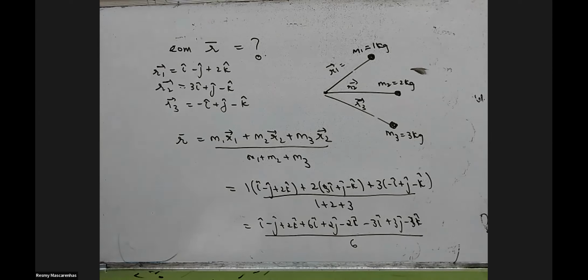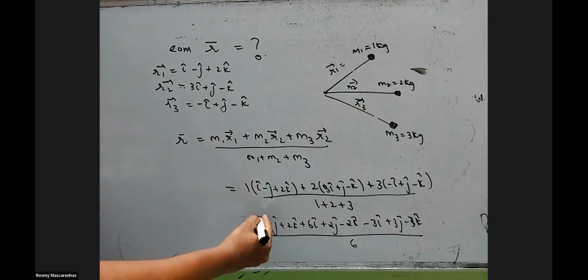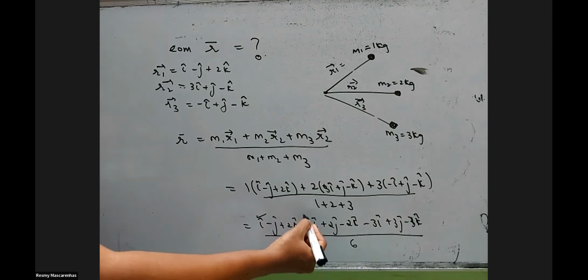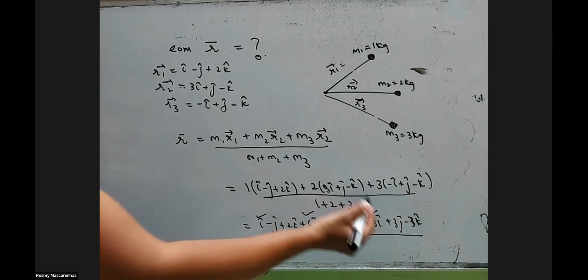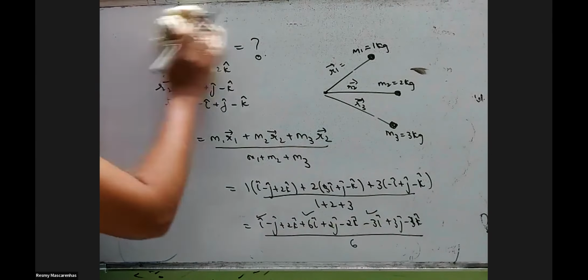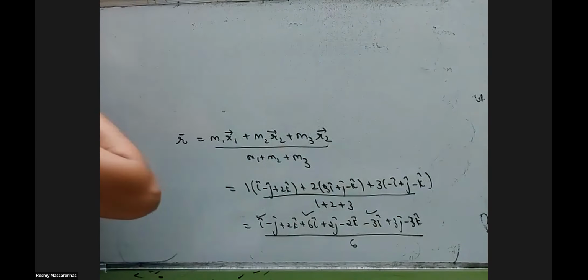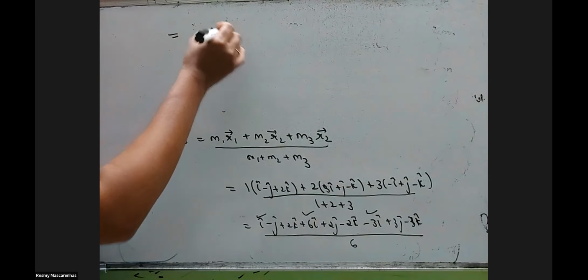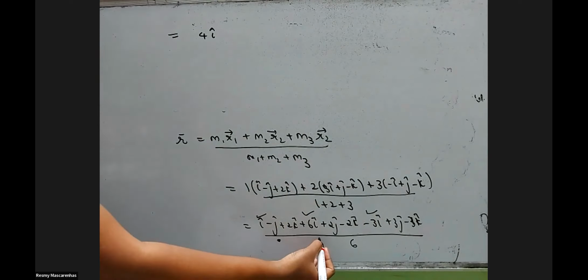7 minus 3. See, I'm calculating directly. 1 plus 6 is 7. 6 minus 3. All the i's I've calculated. That will be 4i. J is here.